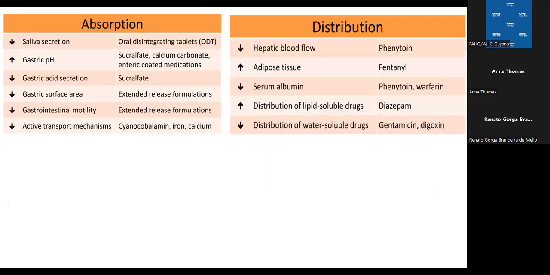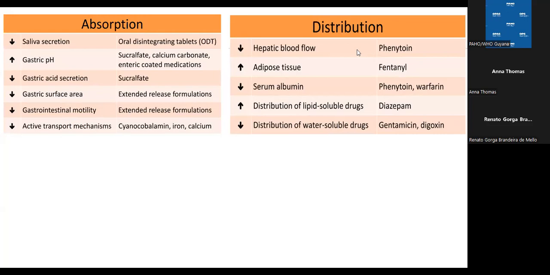In older patients, the absorption of medications can be reduced because saliva secretion is reduced, the gastric pH is increased, gastric acid secretion is decreased, and gastric surface area is decreased.